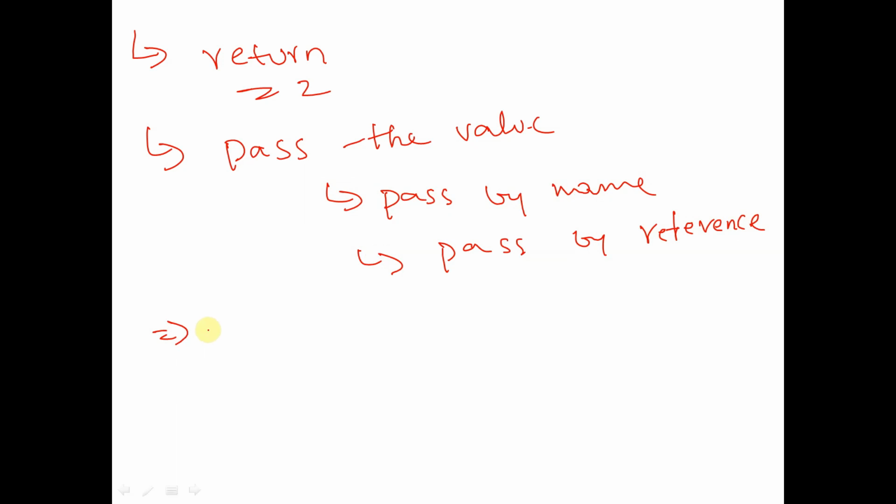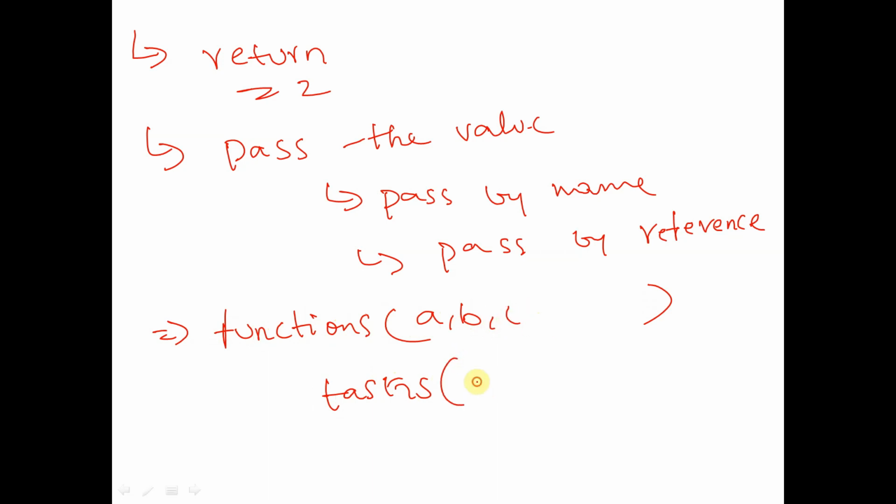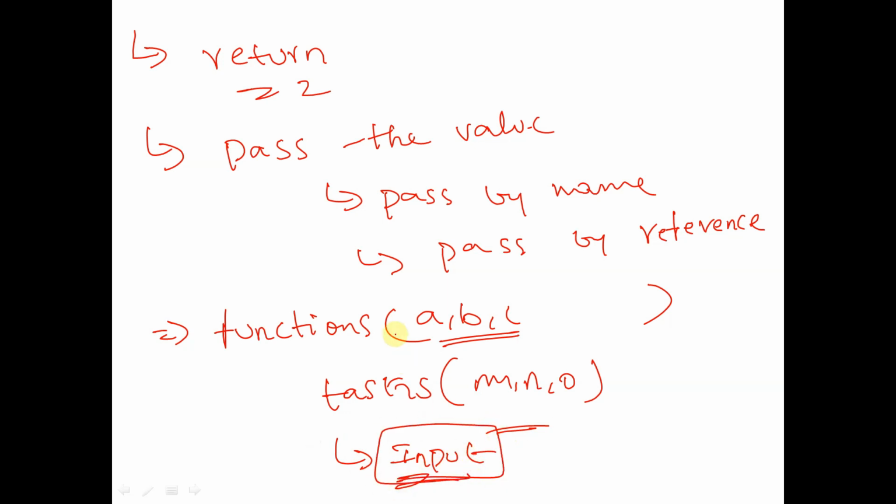In functions or tasks, if we are writing arguments, say a, b, c, and we are not mentioning the direction of the argument, then by default it will be taken as input.